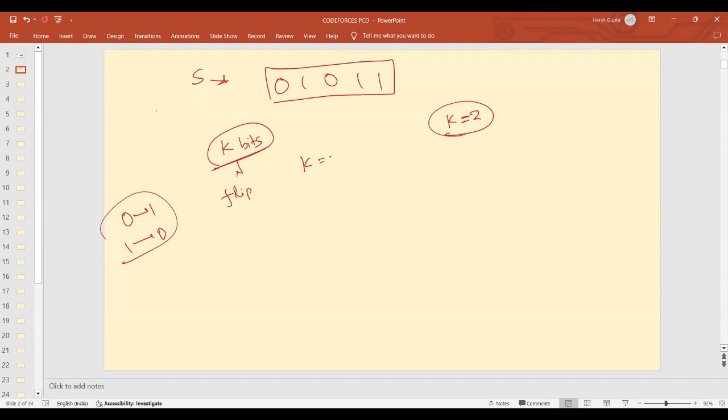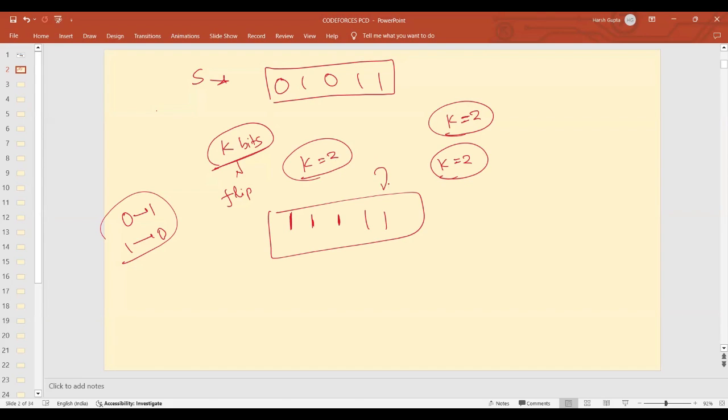So for k equals 2, I can do something like this: this 0 gets converted to 1, this 1 remains 1, the other 0 gets converted to 1, and we will get this string. So for k equals 2, it is possible for me to convert this entire string into equal characters. Does everyone agree with me? Everyone on the same page till now?